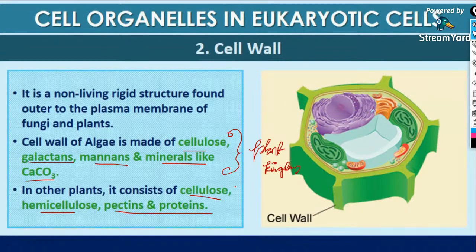Cellulose, hemicellulose, pectins, and proteins are the components that help in the composition of the cell wall.